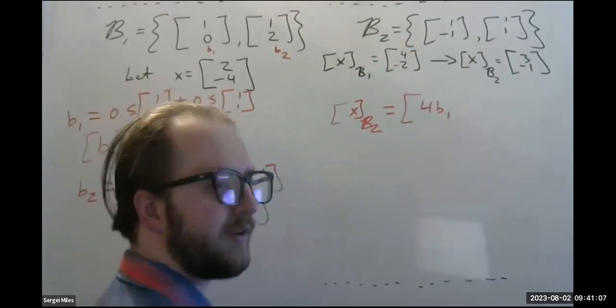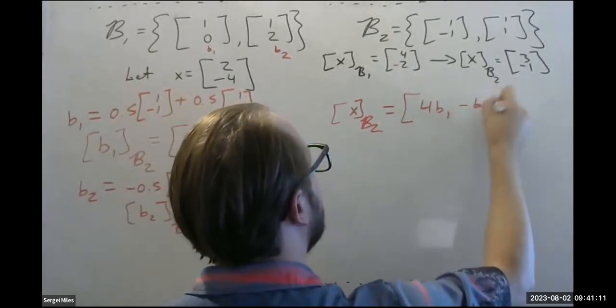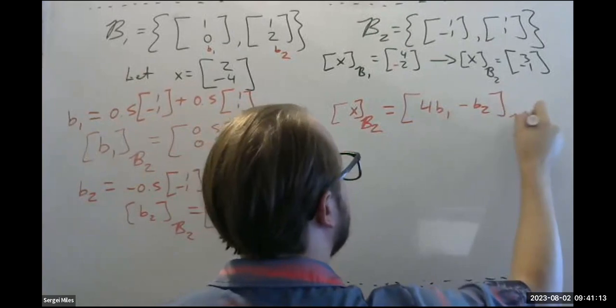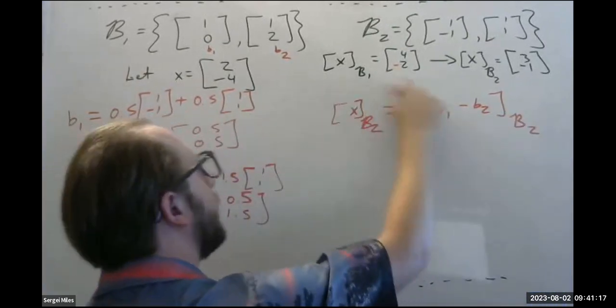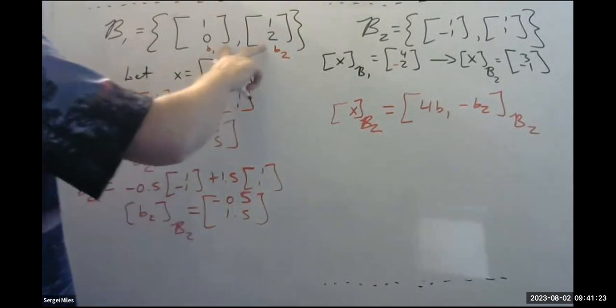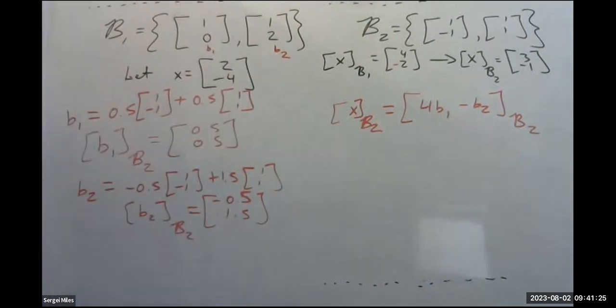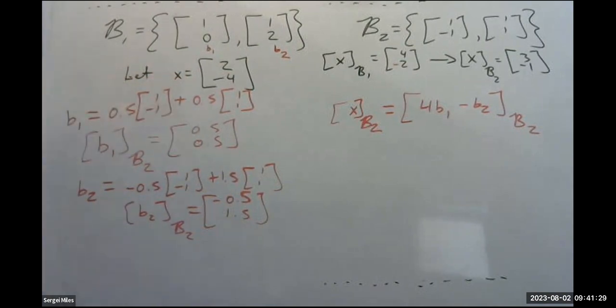Okay, 4b1 minus 2b2, right? But this is just what we already knew. It's what we had calculated before. This is the B1 coordinate vector of x. It's telling us what combination of the first basis vectors gives me the x that I'm trying to reach.